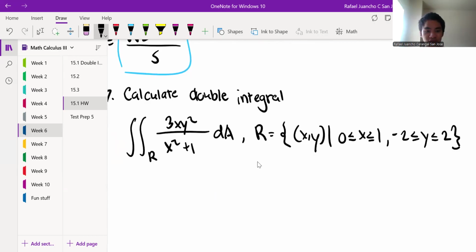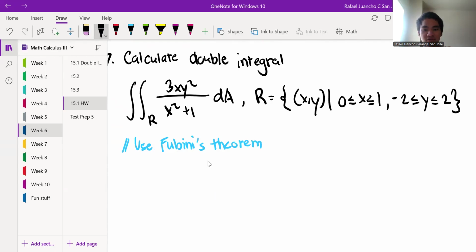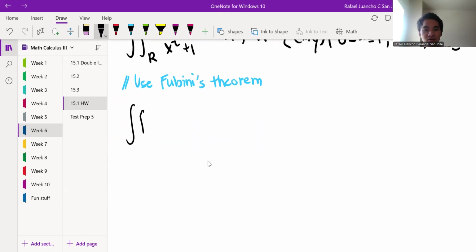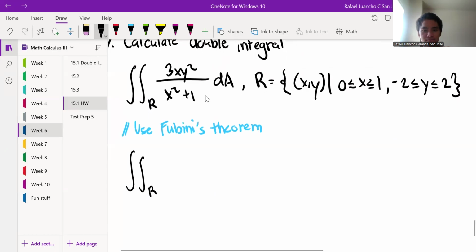We can use Fubini's theorem, right? Let's quickly do that and convert it into an iterated integral, right? Now, the question is, is this double integral continuous? It is, right? Or at least I think it is.